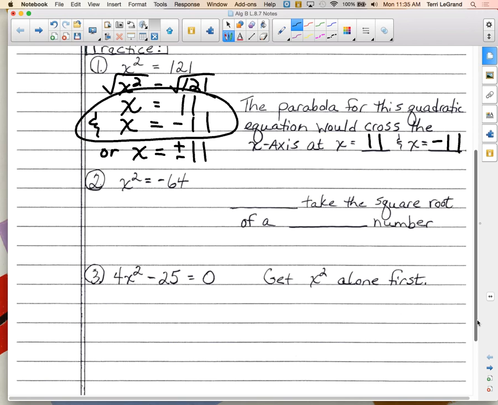Leaving that window in, I think we'd be all right just to try and graph this. No, I think I might have to change it up a little bit. Okay, we go back to the window key because we're going to try something. Let's just leave the x min, the x max and the x scale what it is. And go arrow down till you get to the y min.